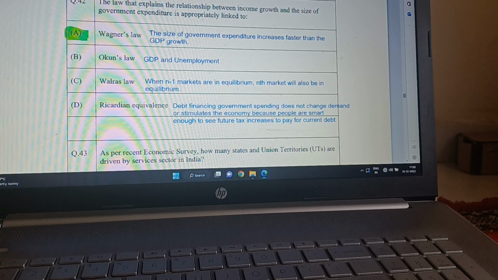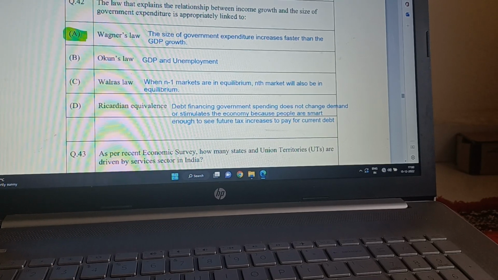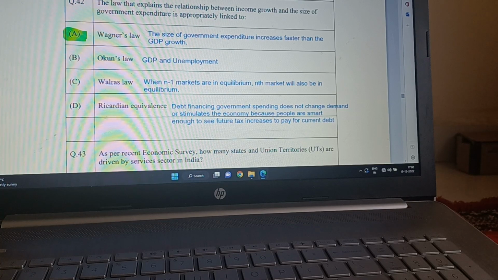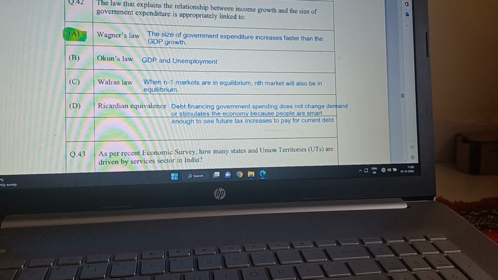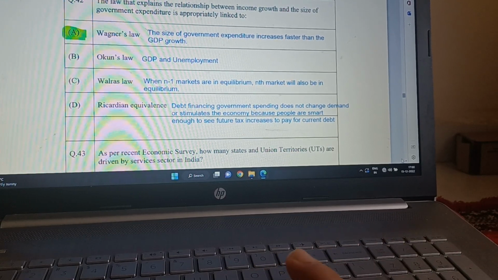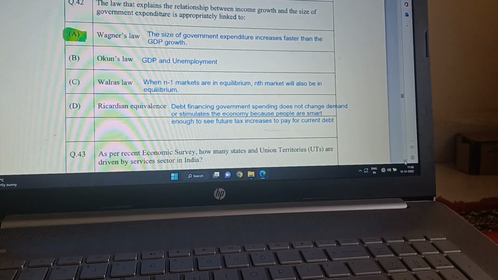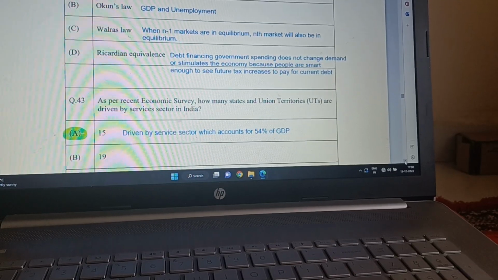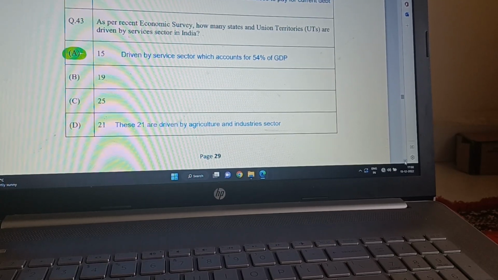So the people are not going to increase their expenditure, because the government will tax them in the future. The government can finance its debt in future by taxing the people, and that's why Ricardian equivalence says that output cannot increase when it is financed by borrowing.